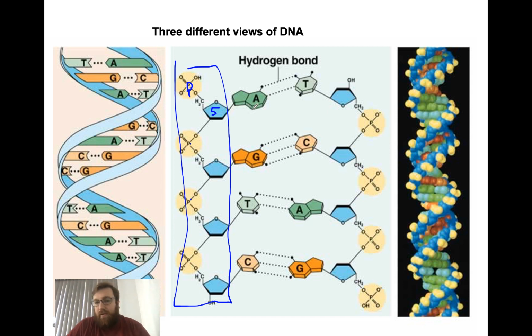Just know what pairs with what, so A with T. This is three different ways to look at it. You might have seen this kind of picture with all the letters and stuff taken out, what it would look like if we were to put it under a microscope and then fill in the empty spaces with bubbles.